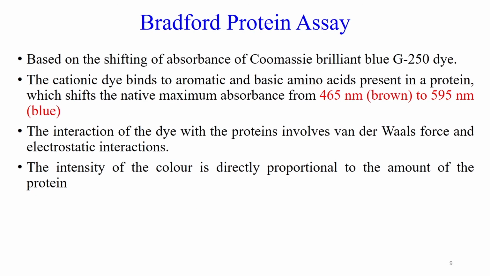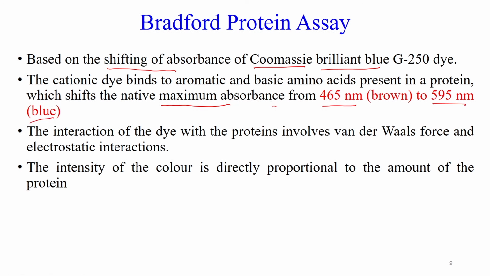The next method is the Bradford assay. Here we are using Coomassie brilliant blue dye G250. After adding the dye we will see a shift in the absorbance. This dye binds to the aromatic and basic amino acids present in the protein, which shifts the maximum absorbance from 465, brown color, to 595, blue color.